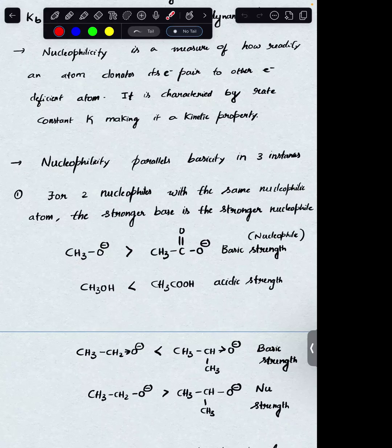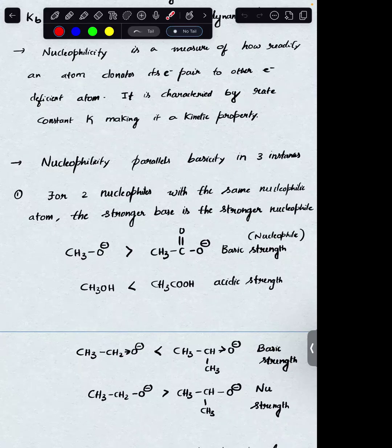Suppose I give you something like CH3CH2CH2CH2O minus, in that case it has become so bulky. Again, you may have to take into consideration steric hindrance. So you can analyze that on a question to question basis. As of now, let us consider that these two are of comparable size. You need not worry about the size factor here.